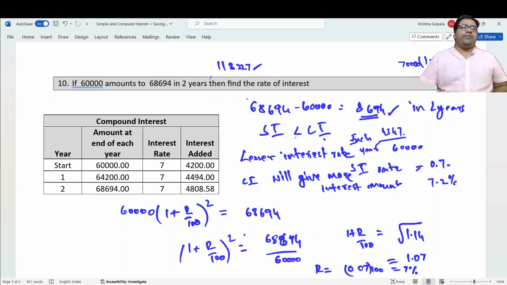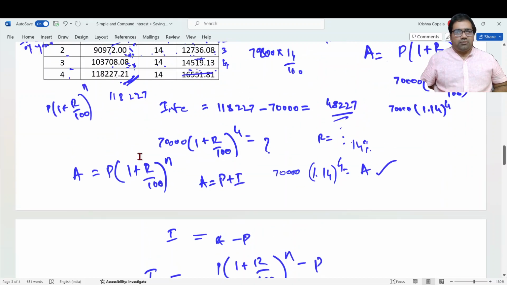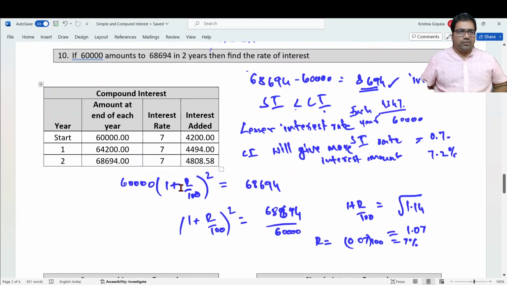Okay, so if you have to do the complex way, then you have to calculate the square root also, right? So the formula is, what is the amount in 2 years? Amount is equal to principal into 1 plus r by 100 whole power t, or whole power n, whichever you take.